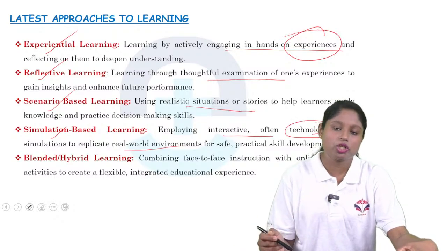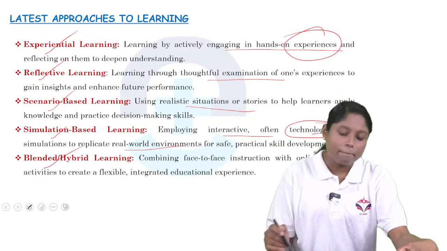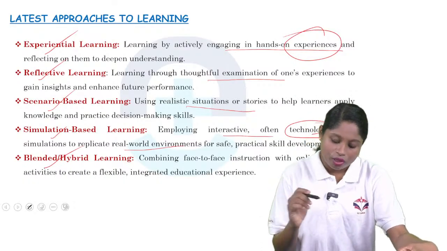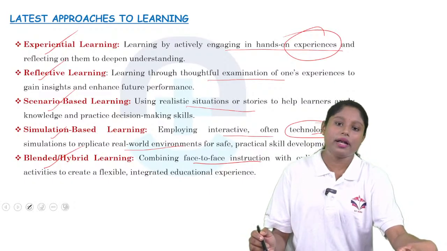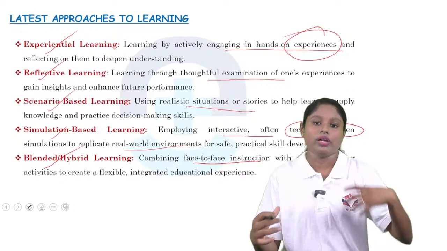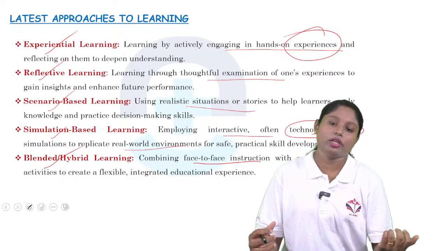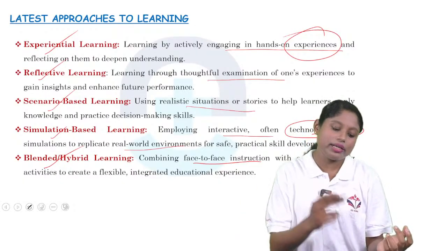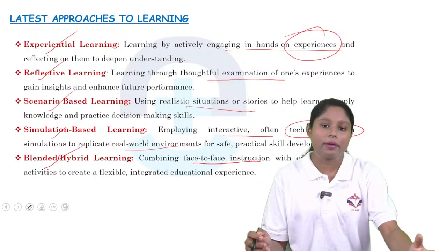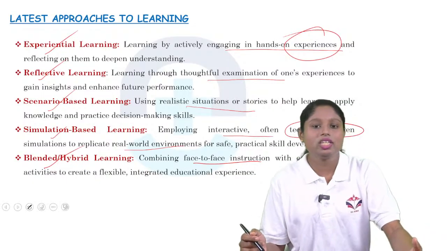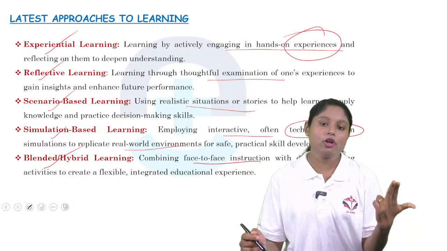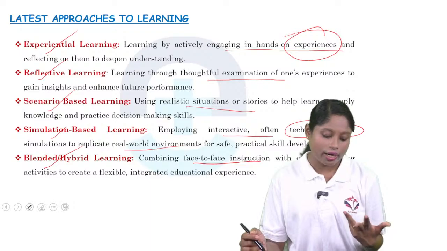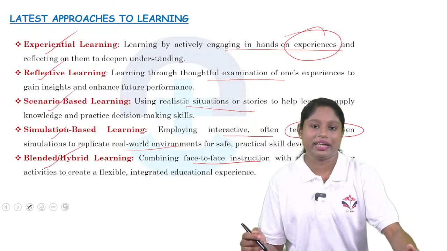Next is blended or hybrid learning, combining face-to-face instruction with online learning. Blended means blending of two: face-to-face, and we are also using online media to teach. So these are the latest approaches to learning: experiential learning, reflective learning, scenario-based learning, simulation-based learning, and blended or hybrid learning.